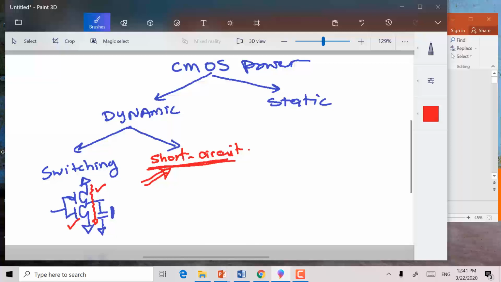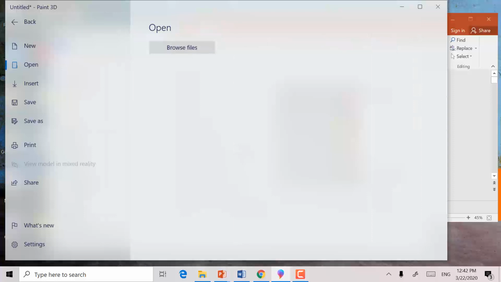That's why last lecture we said we are going to ignore this, because it is really not going to be of that big a magnitude, and we will attribute most of the dynamic power to the switching power. The static power we'll cover later on.